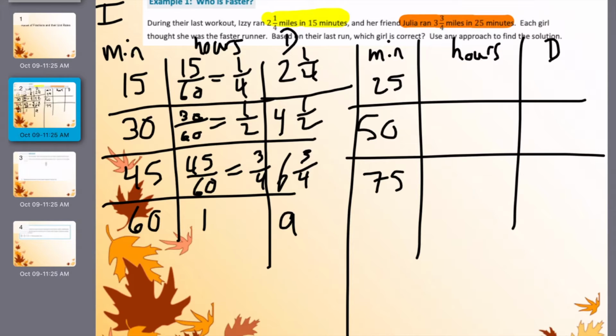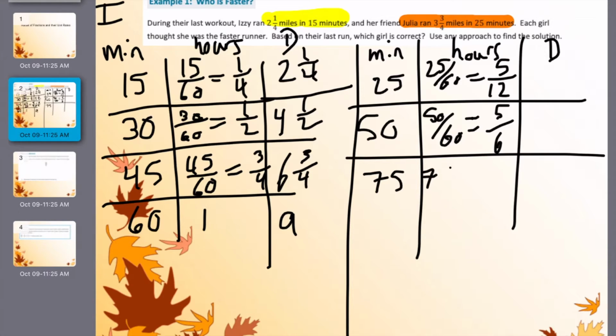So let's see, 25 over 60. Well, that's going to be 5/12 of an hour if I reduce that. And let's see, 50 over 60. Well, that's 5/6, sorry. 75 over 60 is going to equal 1 and 2/3.